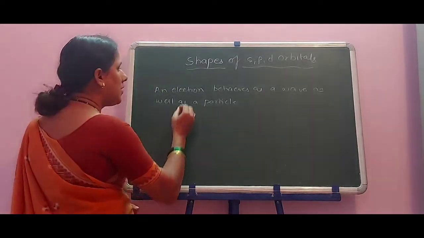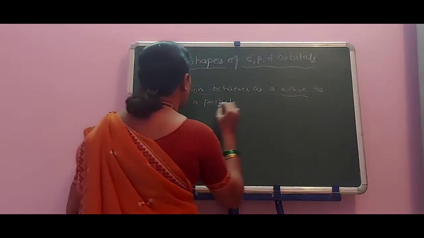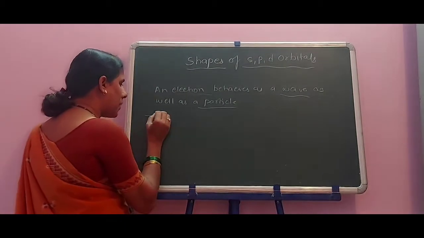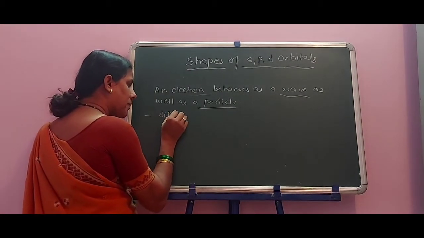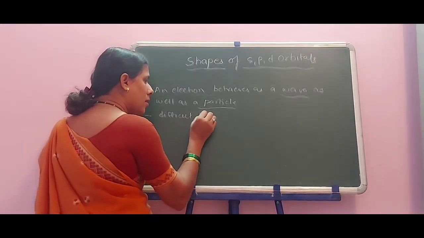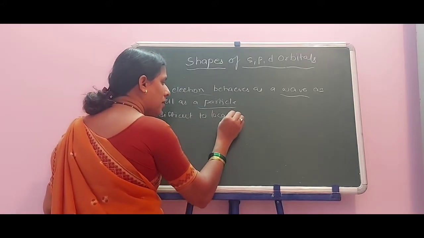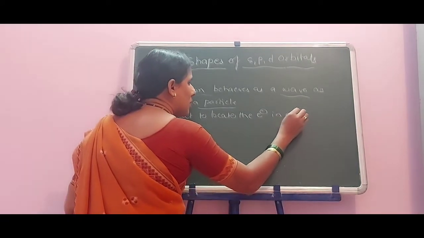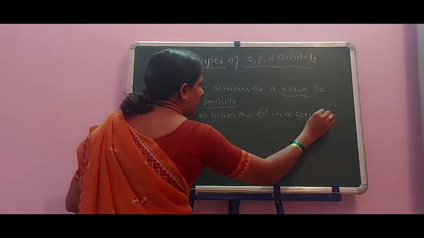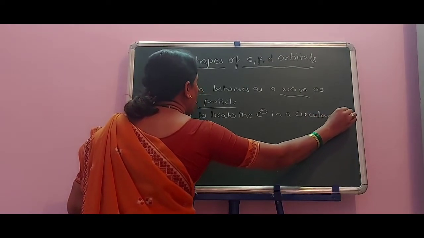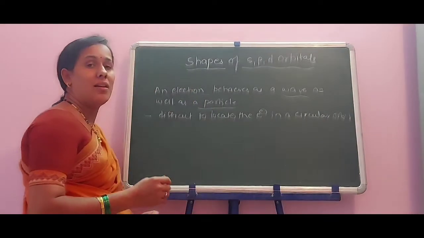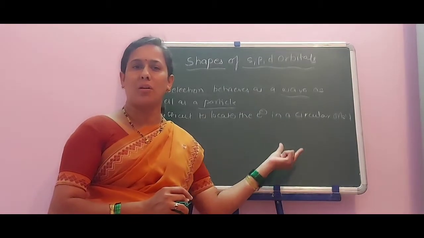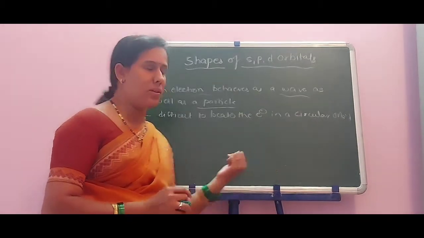Since the electron behaves as a wave and as a particle, it is difficult to locate the electron in a circular orbit around the nucleus.